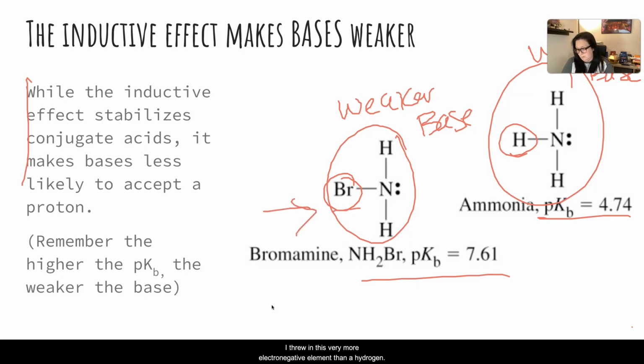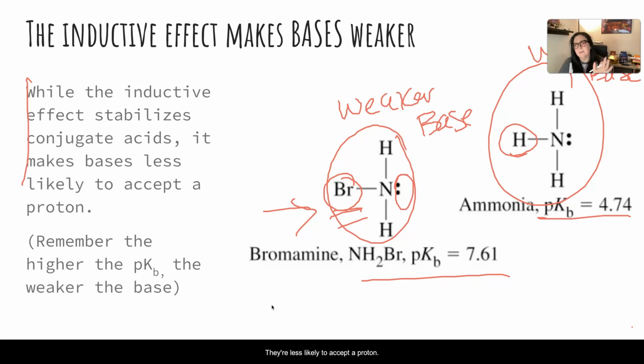Why? Well, I threw in this very more electronegative element than a hydrogen. So this bromine is more electronegative, and so it was going to weaken my base. Because he's very stable, if he is to maintain his lone pair right here, which is negative. It's not a negative charge, but they're negative. Doesn't necessarily need a proton to come in and do anything.